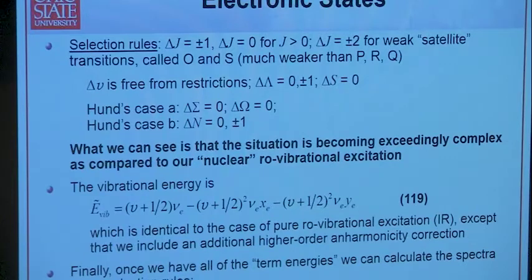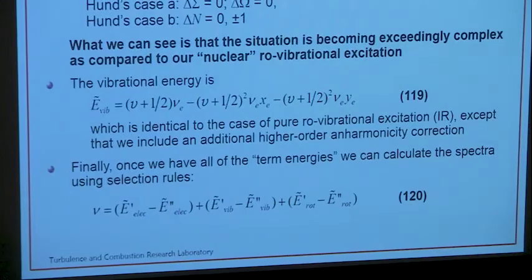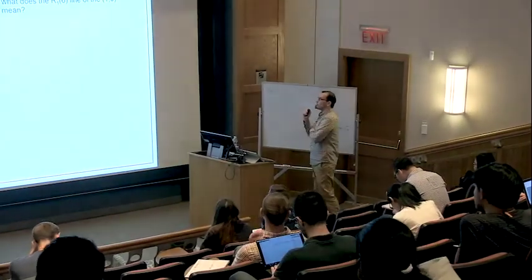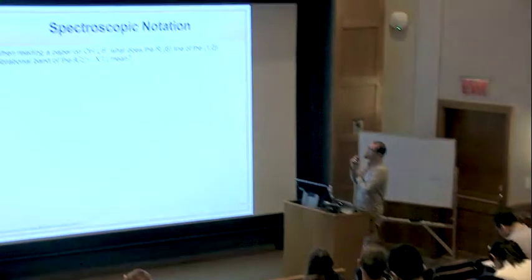We can use our selection rules, put in our vibrational, rotational, and electronic energy states. And these are right here. This is comparable to what we did before. So when you add all of that together, you can end up finding the position of all your lines. Okay, and I'll have a take-home message in this at the end.